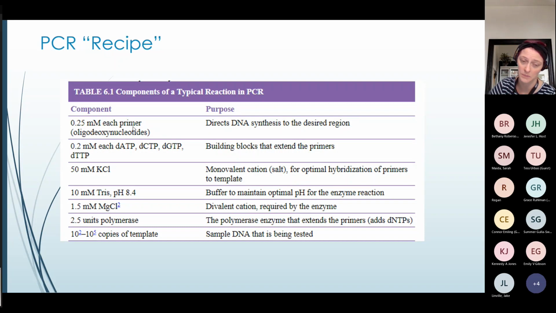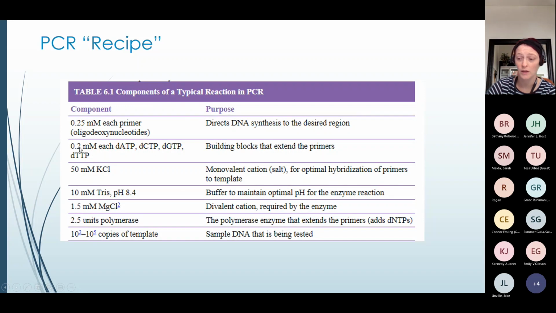Again, that can be changed, and you optimize your ratio and concentration of primers based on a lot of different things: your limit of detection, the amount of DNA that initially goes into your sample. So there's a ton of reasons to optimize that concentration. It directs DNA synthesis to the desired region. You have your dNTPs, which are dATP, dCTP, dGTP, and dTTP.